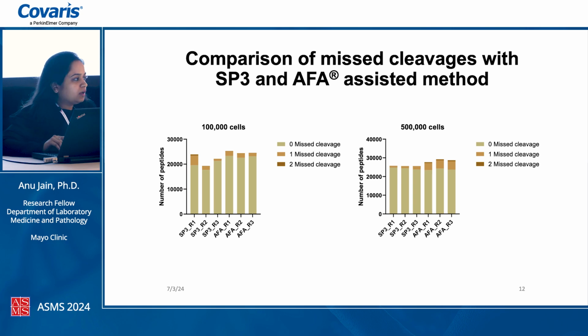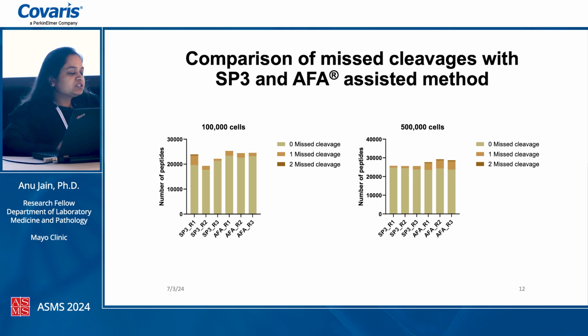We also compared the miscleavages along the two methods, and almost 90% of the peptides present were with no miscleavages, and there were less than 1% peptides which were identified with two miscleavages.